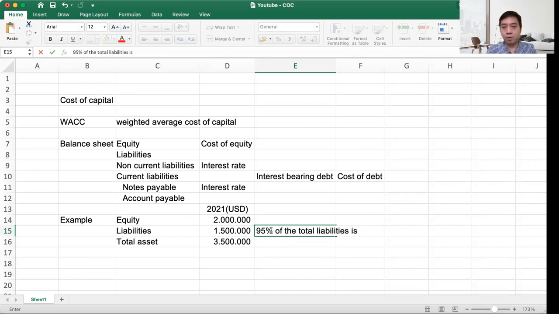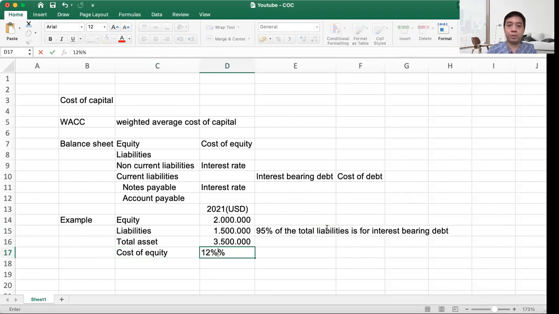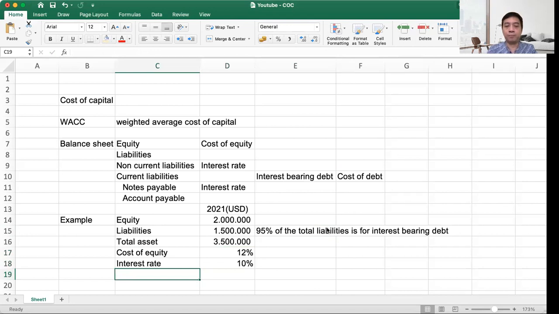Now, let me put this straight, and then right after this, we need to set up, for example, the cost of equity equal to 12%, and the interest rate is approximately 10%, and the tax rate, using the Indonesian tax rate, is 22%.